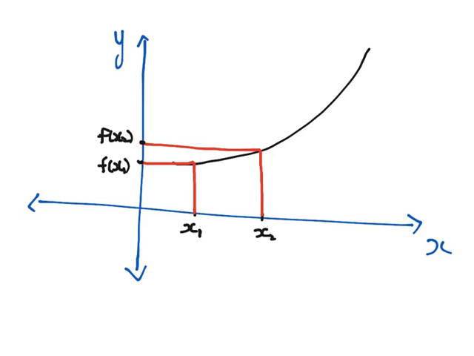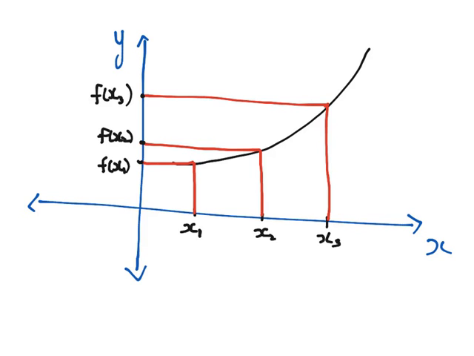Good. Let me take another point, x3 here. Let me draw a vertical line. Sorry, it doesn't look vertical, but I hope you can manage. And let me draw a horizontal line. So this point you see here is f of x3. Now let us compare x1 and x3.